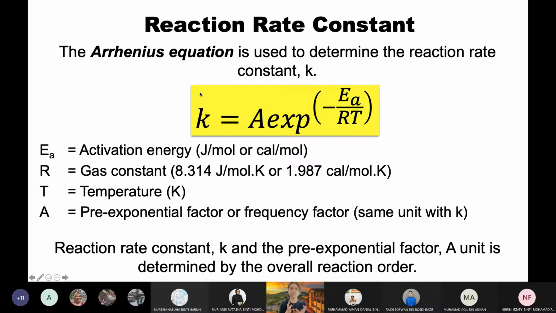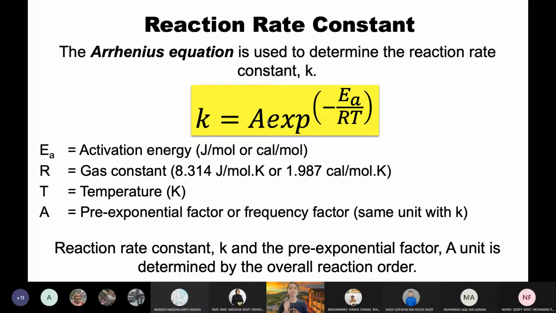So this Arrhenius, okay, he found theoretically and experimentally that the value of K is correlated to the temperature by this equation. So this says K, the reaction rate constant, equals to A. So A is your pre-exponential factor or frequency factor. Okay, so hari ni kamu belajar satu lagi extra equation, tambahlah lagi alphabet yang kamu kena belajar.